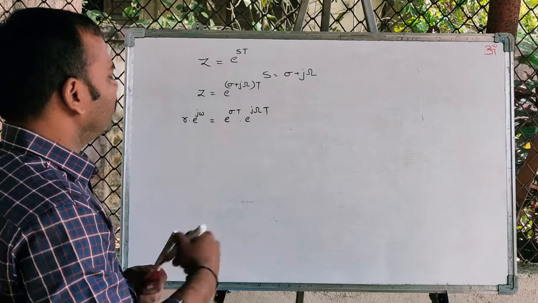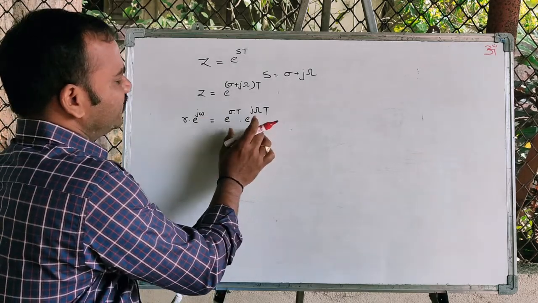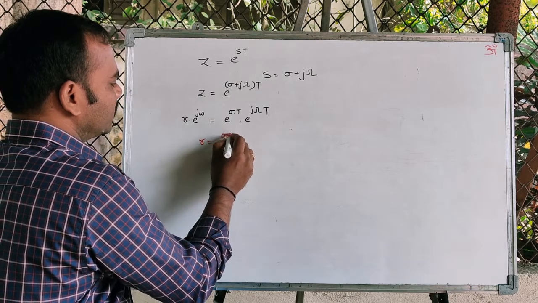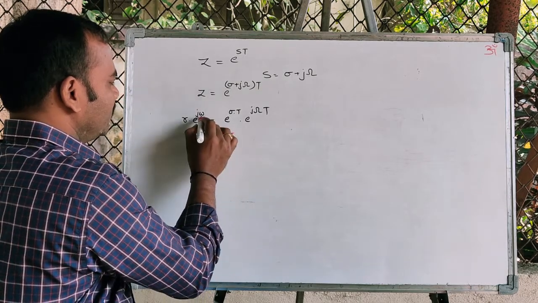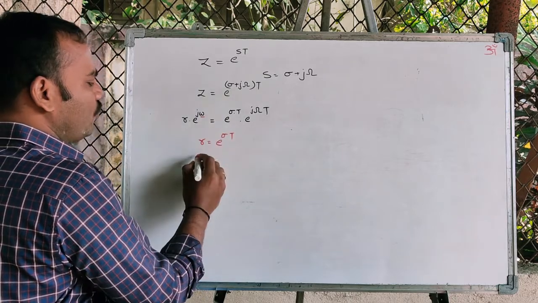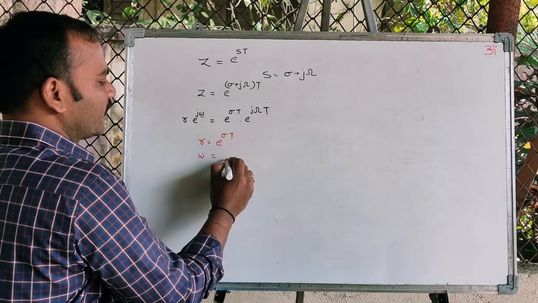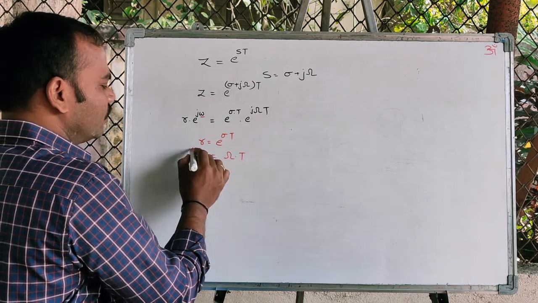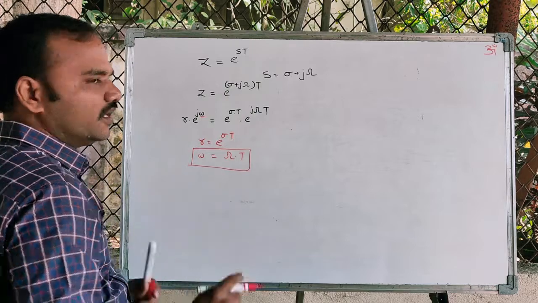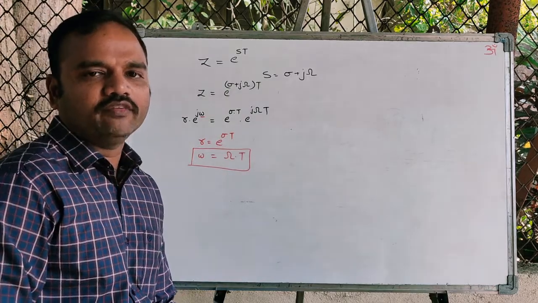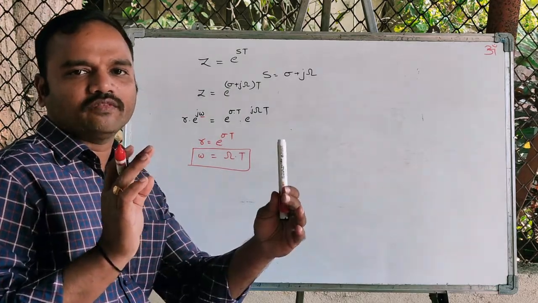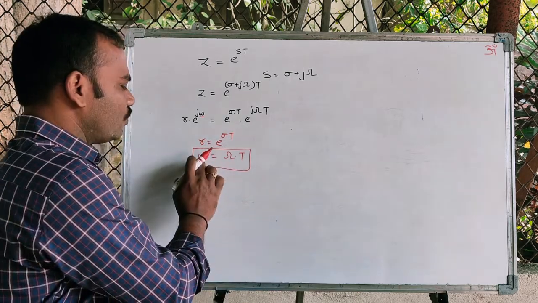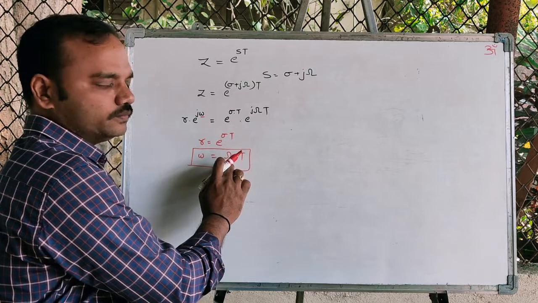Now, if we compare the left hand side with the right hand side, the value of r is e^(σT), and the digital frequency is ω = Ω T, the analog frequency times the sampling interval. So, this is the frequency relationship between the two variables, one the analog variable and the other the digital variable. Digital one is ω and analog one is Ω.